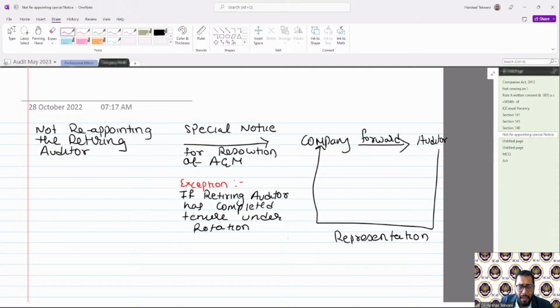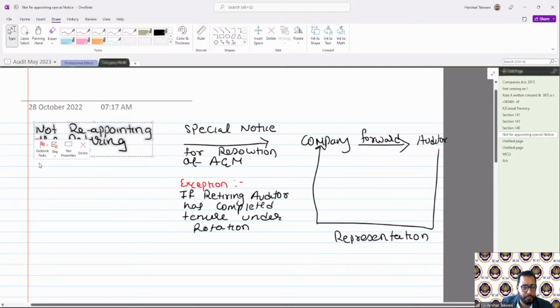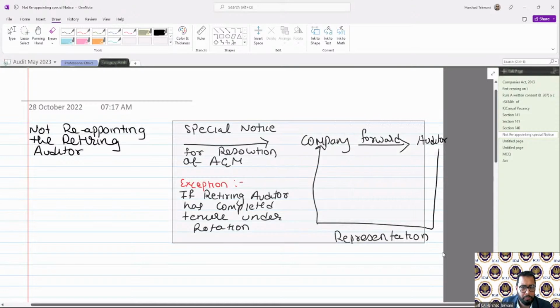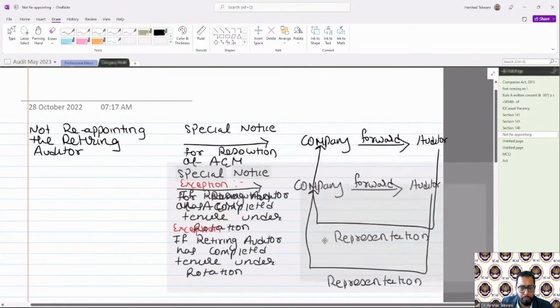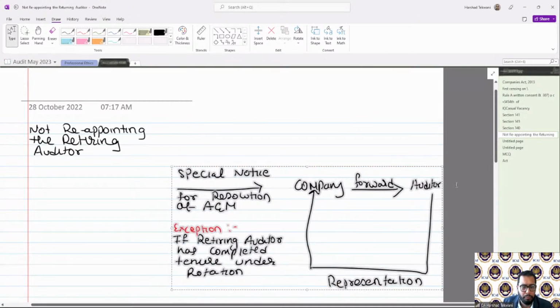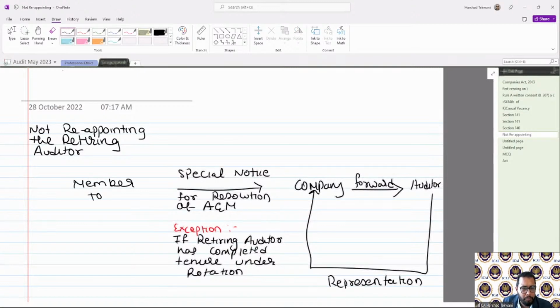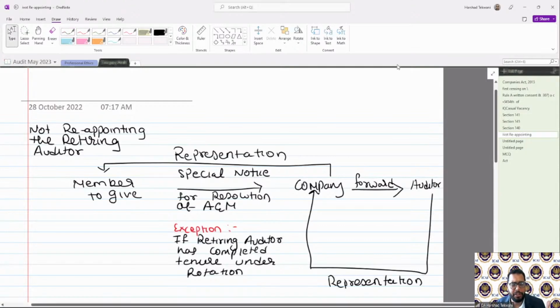So that will then again go from the company to the members. Then the company will send the representation to the members.